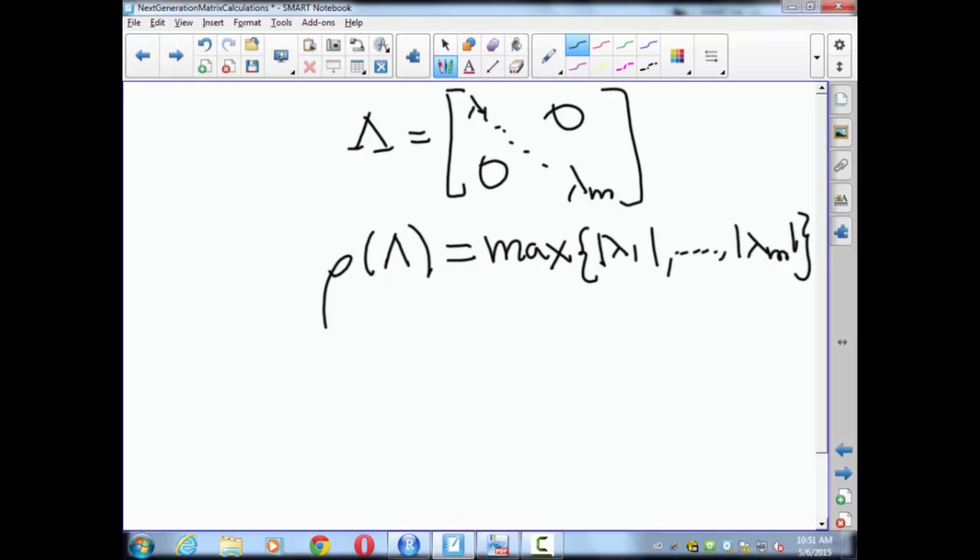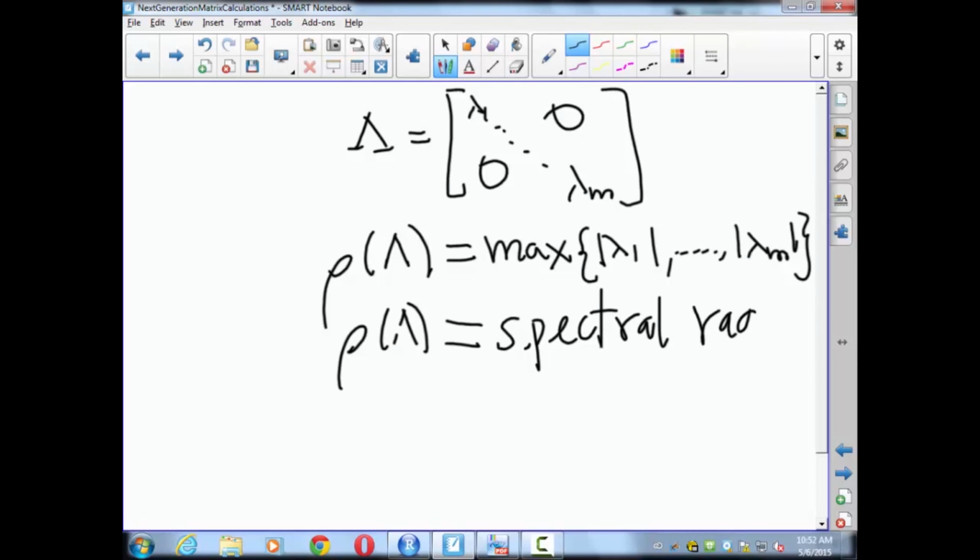Modulus is distance, so modulus is a non-negative real number. And so with this definition, we're going to say that rho of lambda, the maximum or the largest modulus, is called the spectral radius.